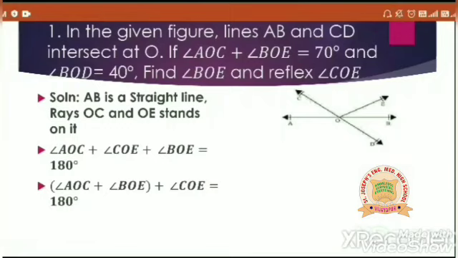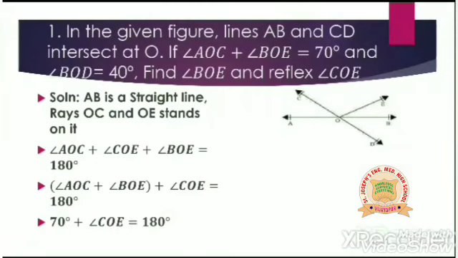Next, in place of AOC plus BOE, we are going to substitute the value they have given, which is 70 degrees. So 70 plus COE is equal to 180 degrees.